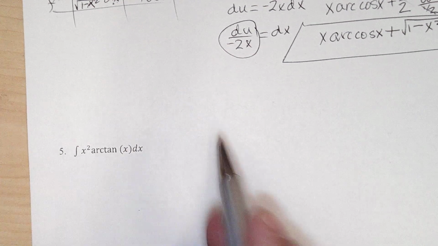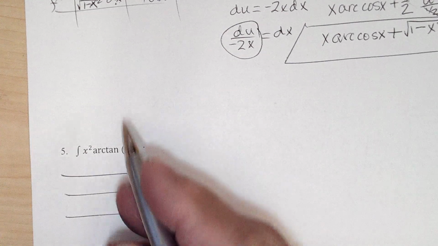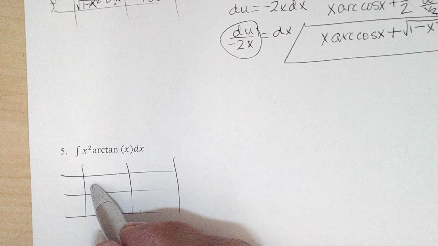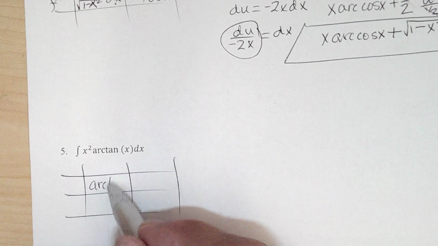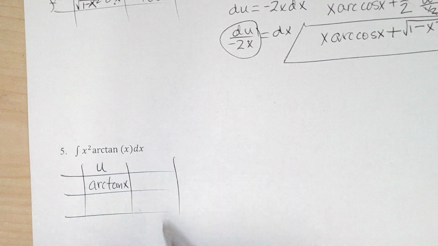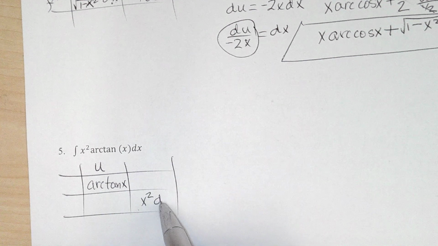Okay, let's do this one. I'm going to put the arc tangent x here because I know what the derivative of that is, and I'm going to put x squared dx there.